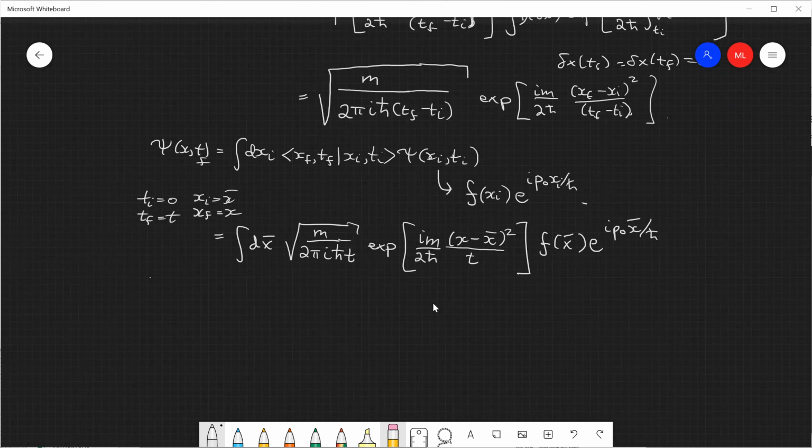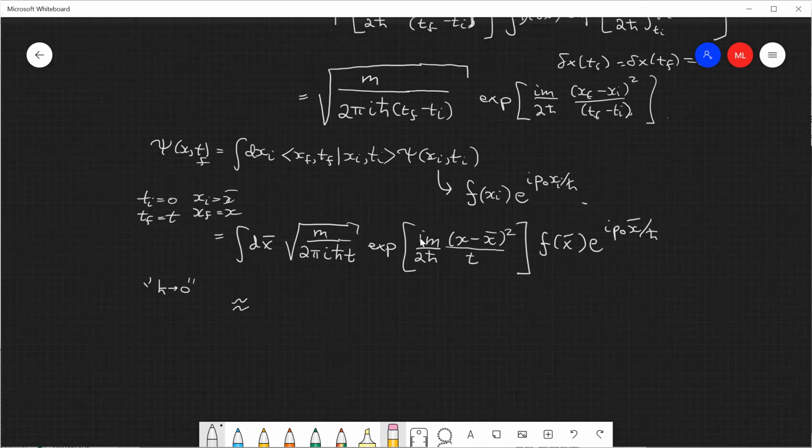So as h bar goes to 0, and again, to do this properly, you want to rescale by some characteristic length and energy scales, but if you did that, then the major contribution to this whole integrand will just come from the place where x is slowly varying.